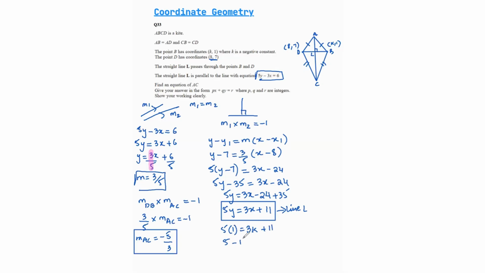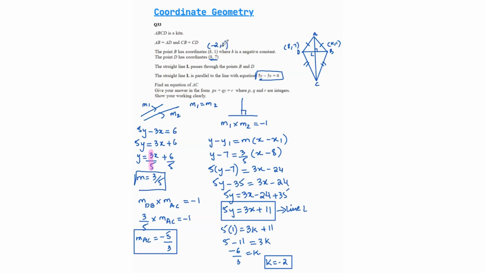So 5 minus 11 equals 3k. Negative 6 divided by 3 is k, and k is equal to -2. That was also mentioned in the question, that k is a negative constant, so we meet that condition. We have the value of k, which is -2. So (-2, 1) are the coordinates of B.